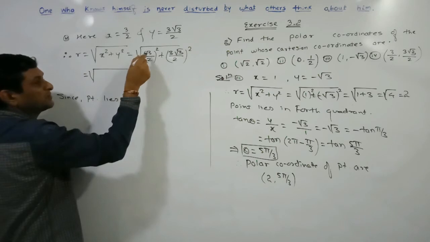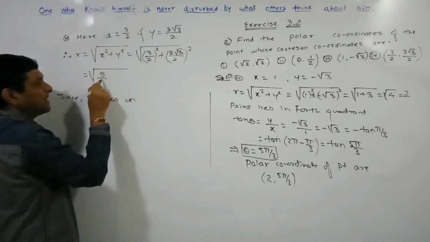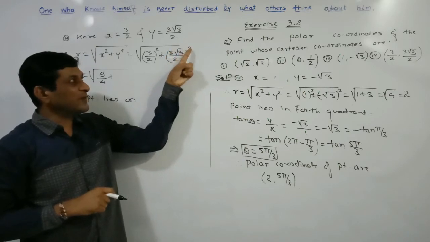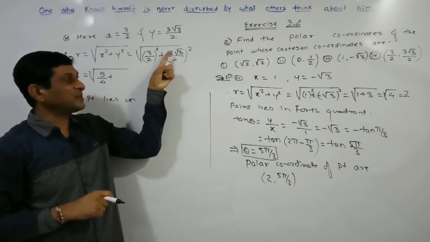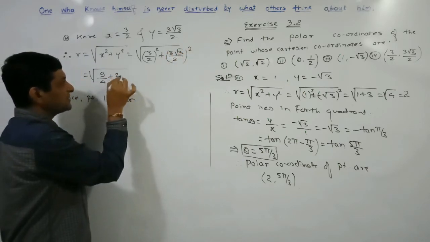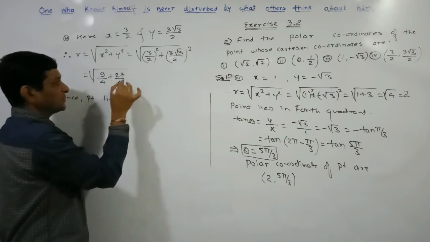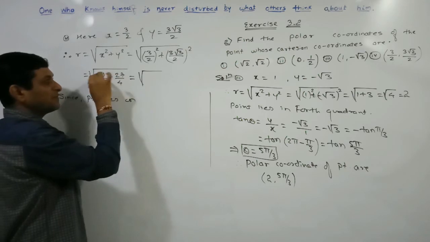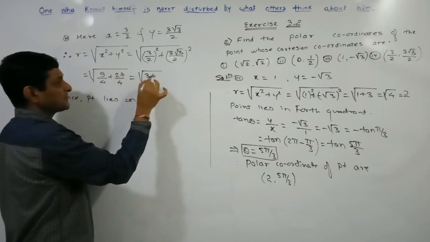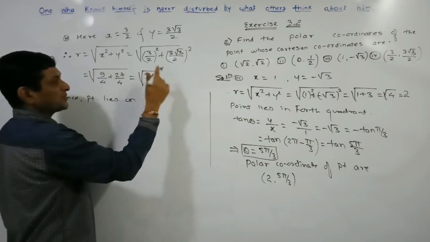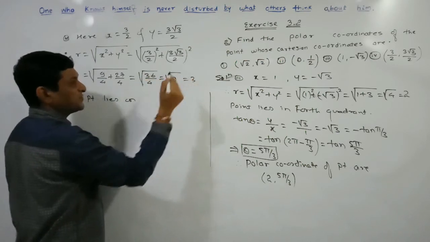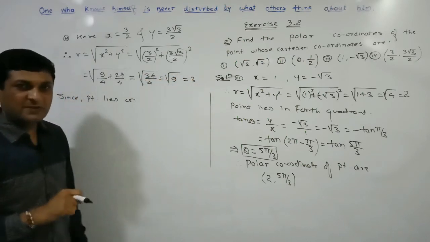The square of 3 by 2 will be 9 by 4. And here the square of 3 is 9 and the square of root 3 is 3. 3 9s are 27. So we are getting 27 upon 4. So which is equal to under root 27 plus 9, that is 36 upon 4. So 36 upon 4 means what? 9, and the square root of 9 is what? 3. In this way we have got the value of r.